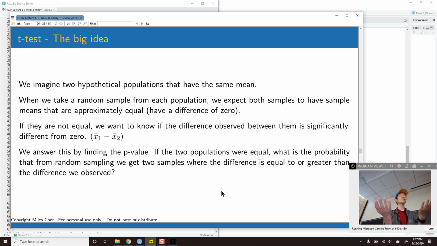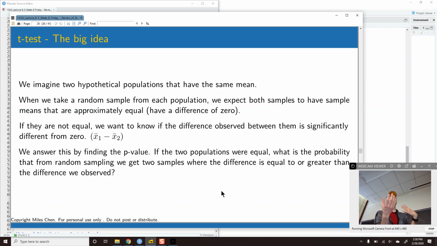I would expect the difference between the mean of sample 1 and the mean of sample 2 to be close to 0, okay? But of course, because it's random, it's not going to be exactly 0. And so my actual data will have a difference of x bar 1 minus x bar 2.